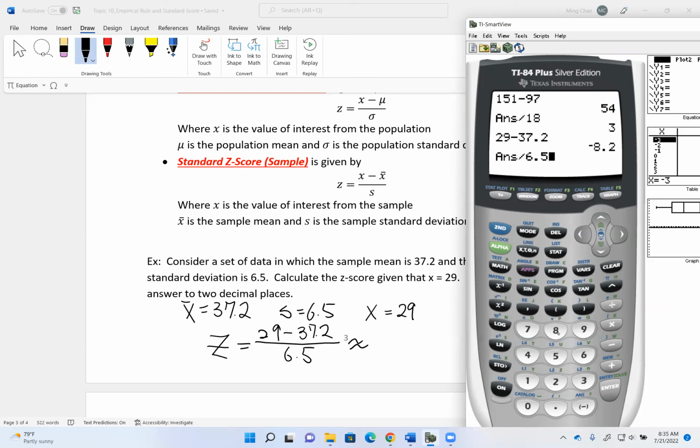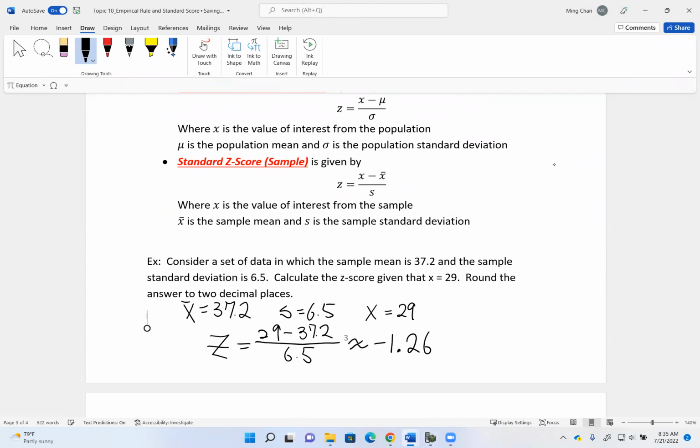Remember now, 29 is below the mean 37.2. That's why my answer is negative. A negative z-score means your given is below the mean, to the left side of the mean. When we calculate z-score, we always round to 2 decimal places: negative 1.26.